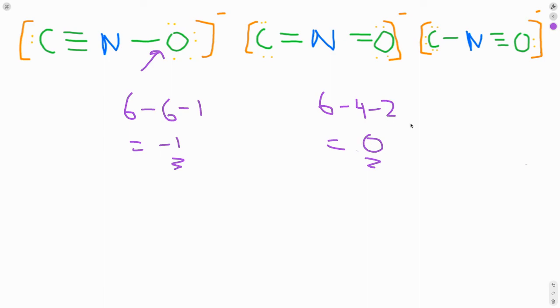That's why we would still prefer the first one. In the last example, oxygen has 6 valence electrons, minus 2 unbonded electrons, minus 3 bonds, which gives +1. This would be incorrect because oxygen should have a negative formal charge instead of a positive one. So we can see that the first structure of CNO is most likely the correct one.